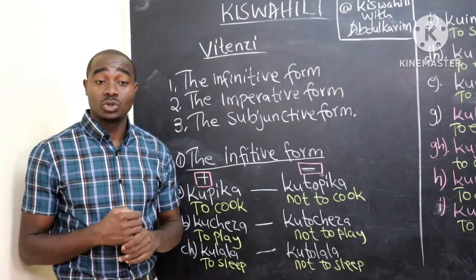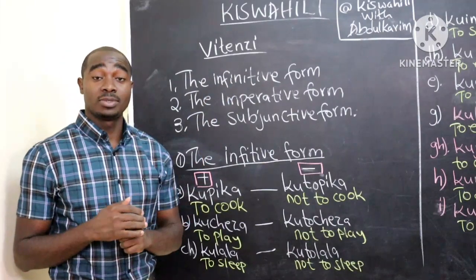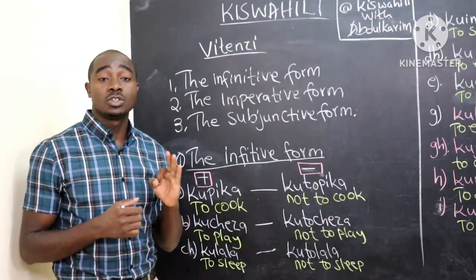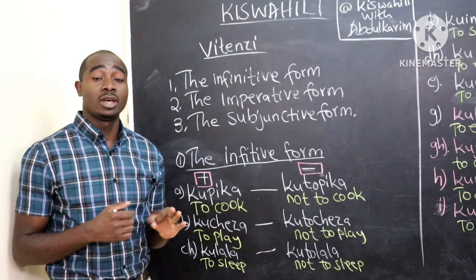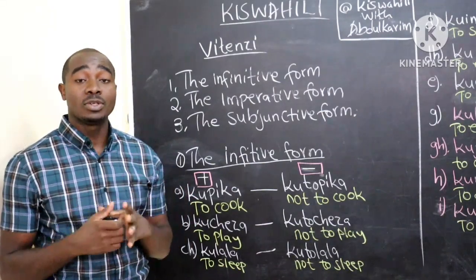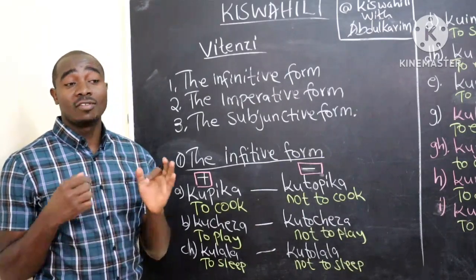In this Kiswahili class we will learn Swahili verbs. I've made a lot of lessons about Swahili verbs, okay? But different forms of Swahili verbs. Some of my students have asked me to explain, or they have actually asked me.